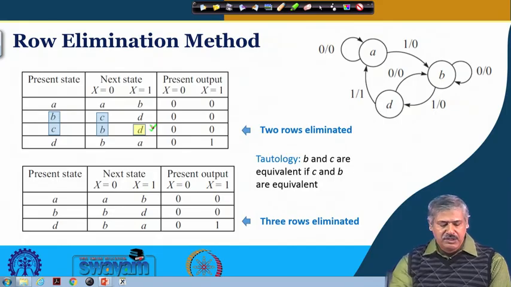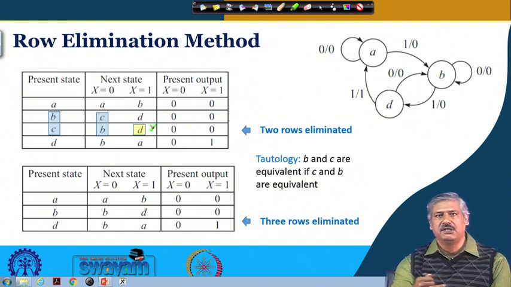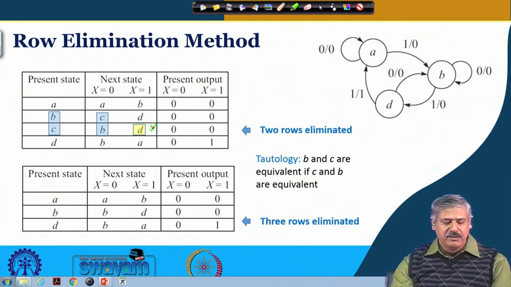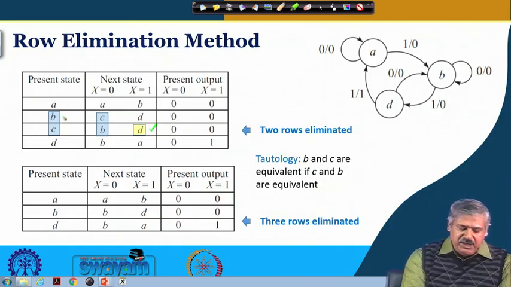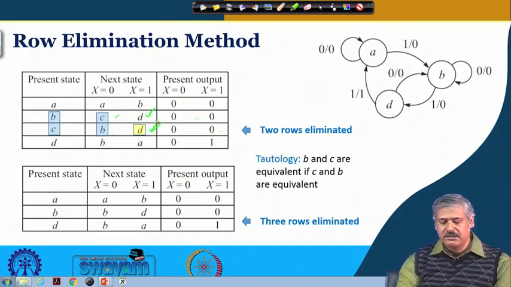After that, if you further examine, there are no two rows where the next state and output are exactly the same. But one thing you can see is that state B goes to C and D with outputs 0, 0. C goes to B and D with outputs 0, 0. So, the D matches and the 0, 0 matches.